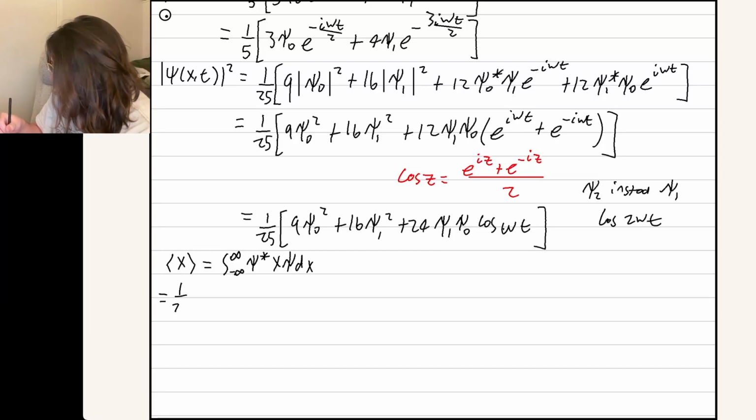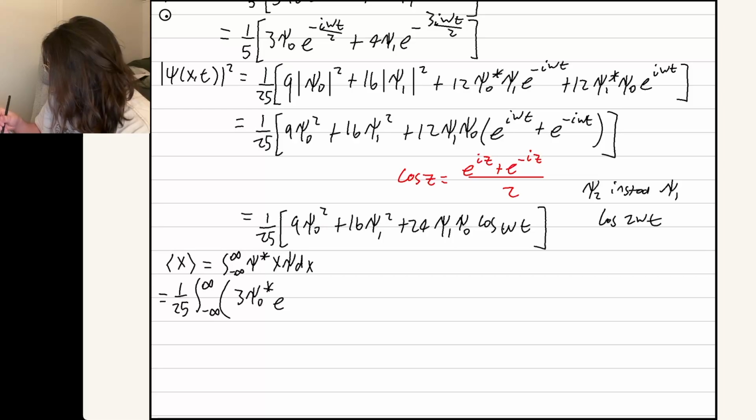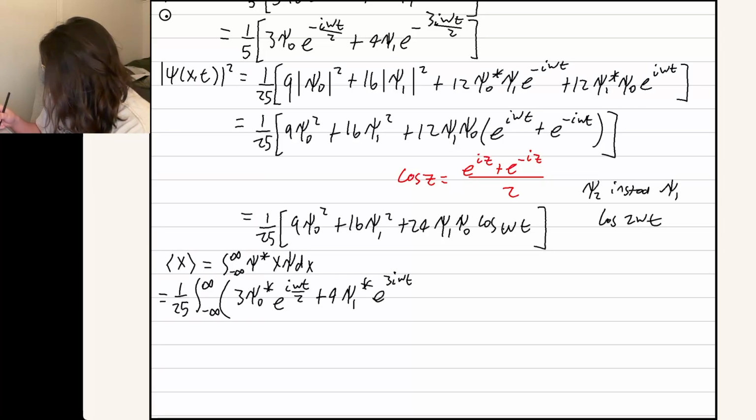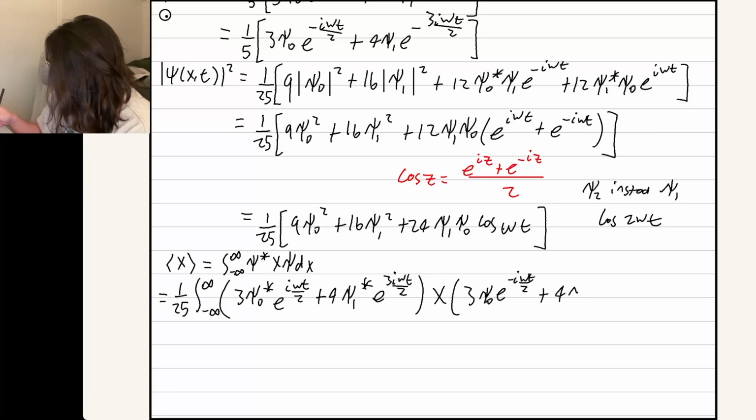So for us, it's looking like 1/25 times the integral from minus infinity to infinity of 3 psi 0 star e to the I omega t over 2 plus 4 psi 1 star e to the 3 I omega t over 2, times x times the wave function from before. So minus I omega t over 2 plus 4 psi 1 e to the minus 3 I omega t over 2 dx.